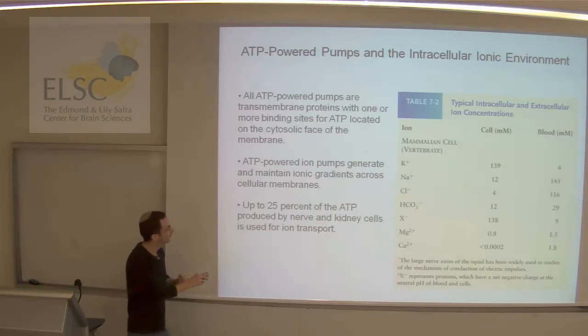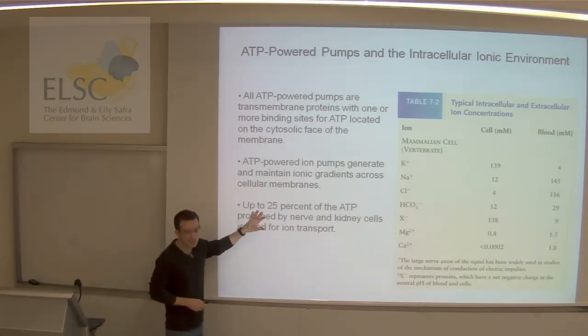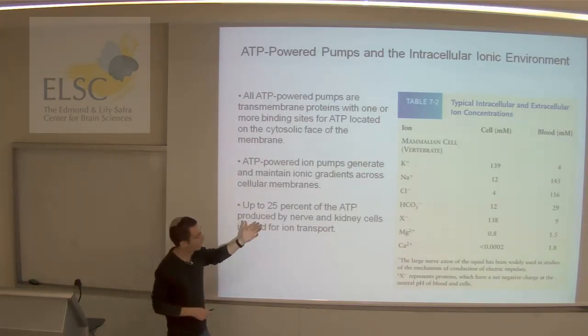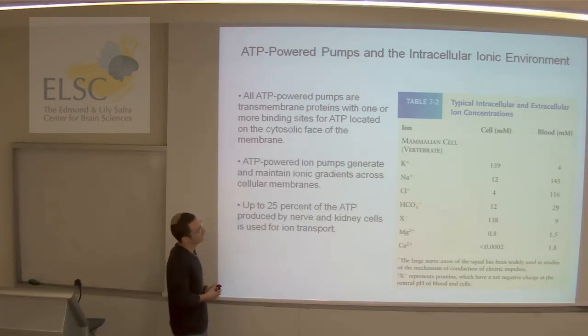So about a quarter of the total ATP production is dedicated to transport of ions across cellular membranes. Just try to think how many additional processes there are in cells, together with transport of molecules. So that's a huge fraction of the ATP production.